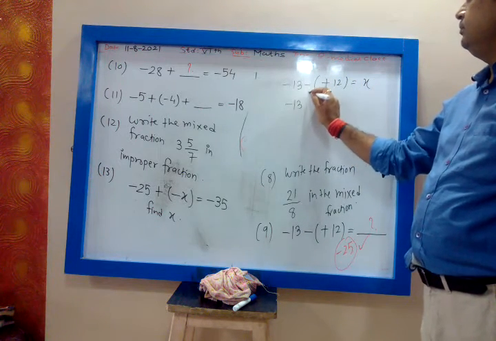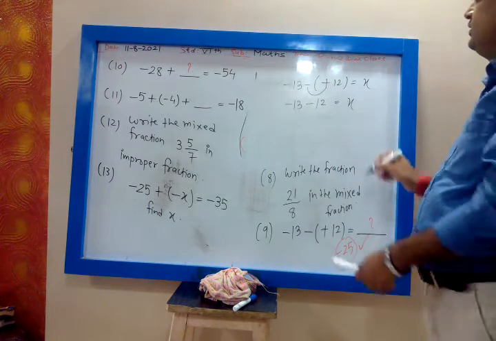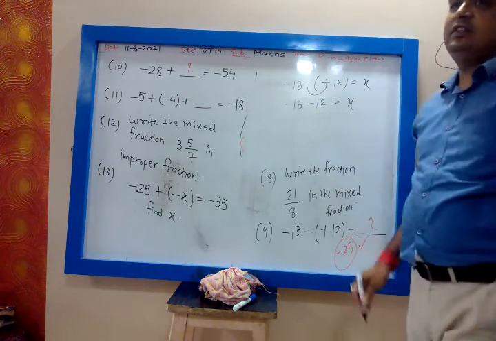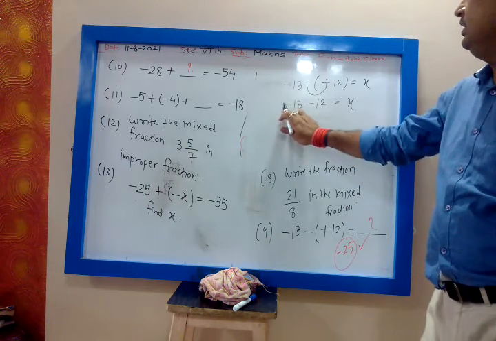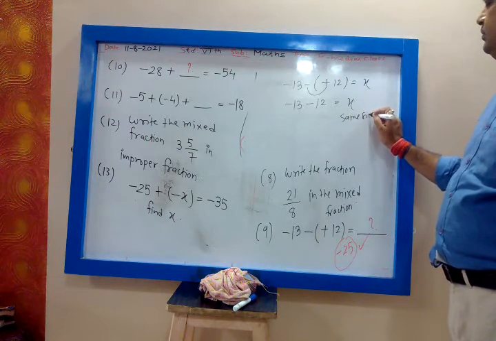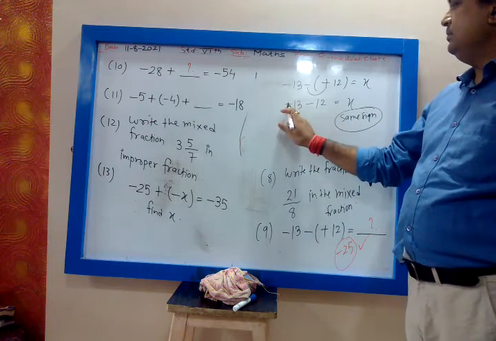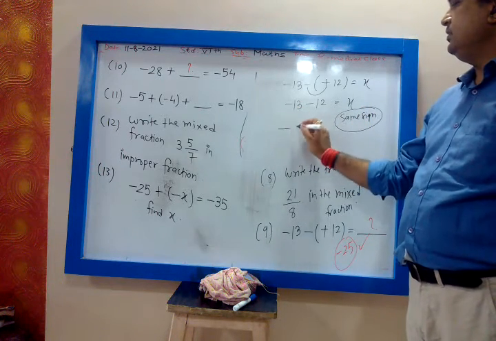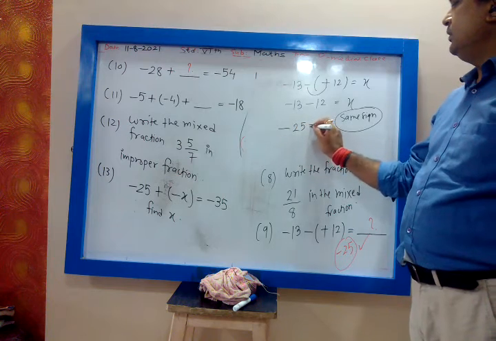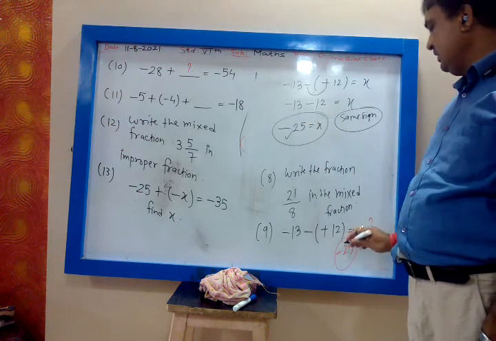Minus 13 minus into plus minus 12 is equal to x. Check whether they have the same sign or opposite sign. Minus minus, same sign. Whenever they have the same sign, you have to add the numbers and take the common sign. Common sign minus, 13 plus 12 is 25. So minus 25 is equal to x. So the correct answer is minus 25.